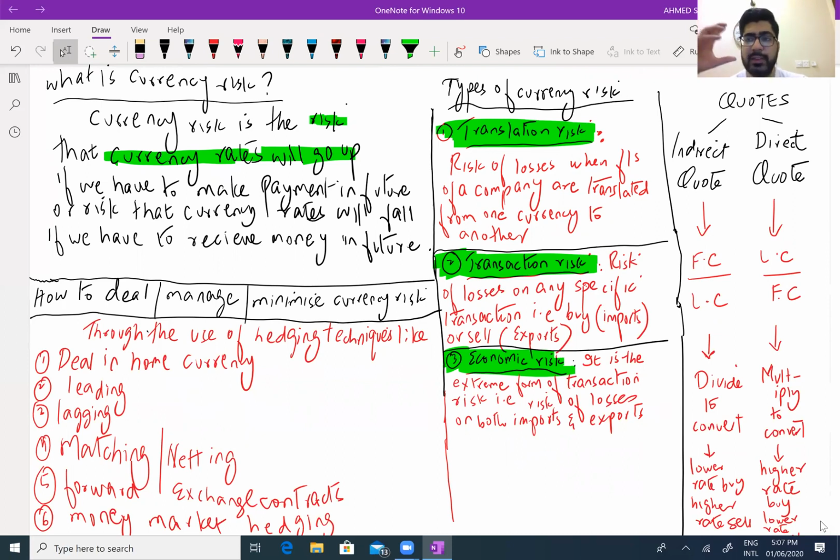As we all know, the currency rates don't remain stable. They keep on changing every second. So let's suppose today is 1st June.